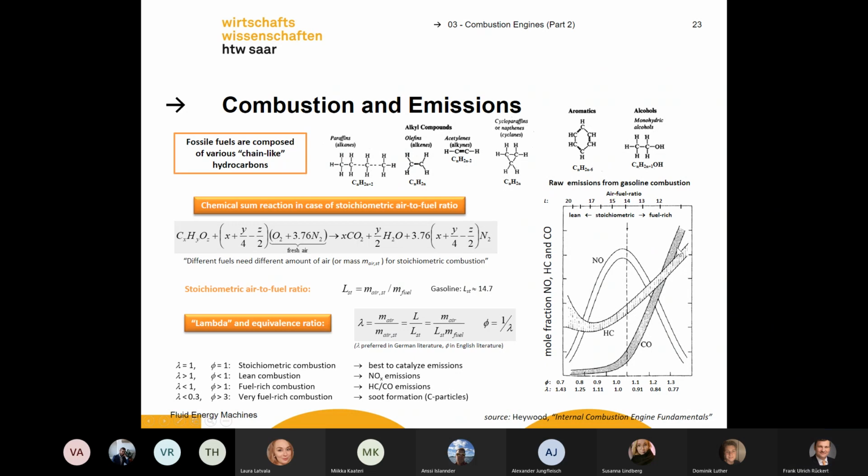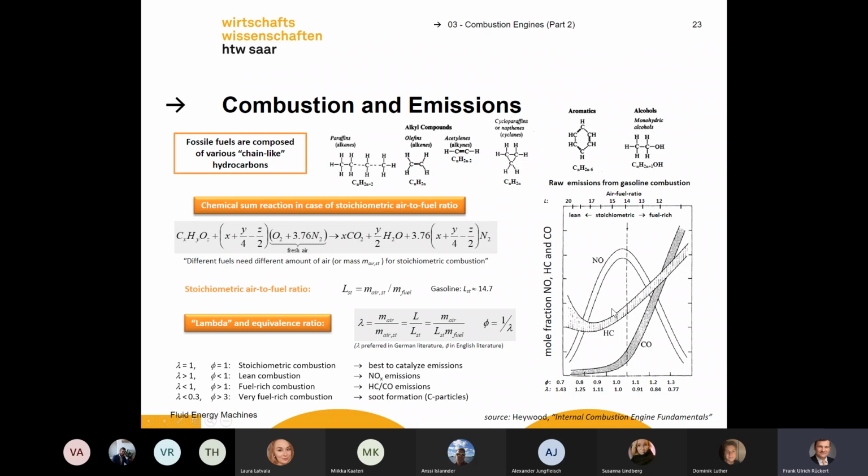So they made the engines hotter in the past to work more efficiently. If you work more efficiently, you need less fuel. Let's say 20, 30 years ago, we needed maybe 15 liters per 100 kilometers, and now we can drive with 4 or 5 liters per 100 kilometers. But something else happened.